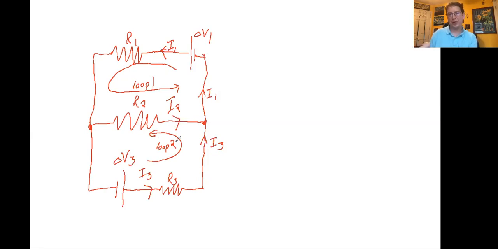The junction rule says the total current going into a junction is equal to the total current going out of a junction. So let's look at this junction here. We have I2 and I3 coming in and I1 going out. So that says that I2 plus I3 is equal to I1. So that's nice and simple. So that's the junction rule.